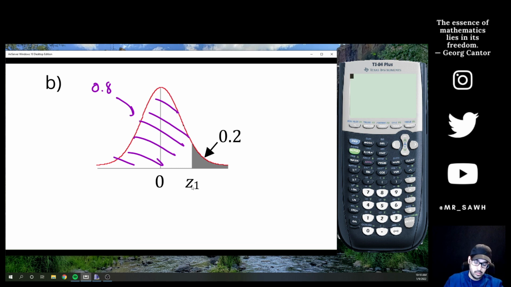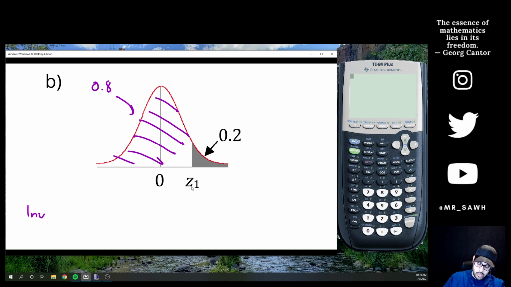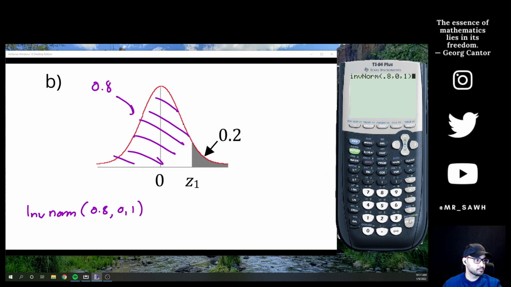Okay, so here's my inverse normal, and we're gonna put in the area on the left, which is 0.8, mean of 0, deviation of 1. So second vars 3, 0.8, 0, and 1. And there's my z-score, which makes sense, right?